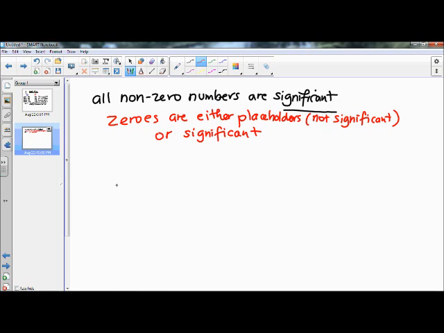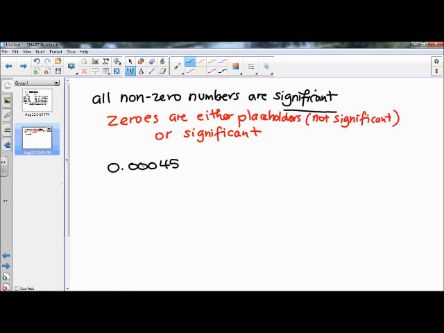Now what do we mean by placeholder zero? These are placeholder zeros. Understand that saying something is not significant in a measurement doesn't mean it's not important or has no value.